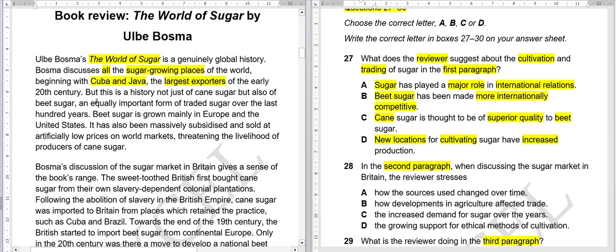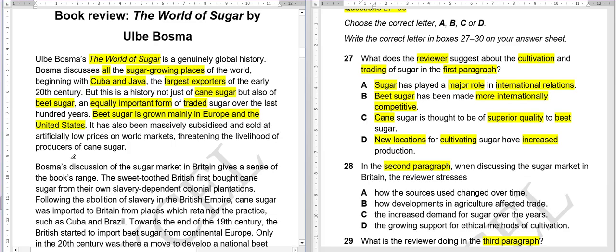But this is a history not just of cane sugar but also of beet sugar. This doesn't mean it is only for cane sugar, but it is true for beet sugar as well, an equally important form of traded sugar over the last 100 years. Beet sugar is grown mainly in Europe and the United States. This is the location where it is grown.